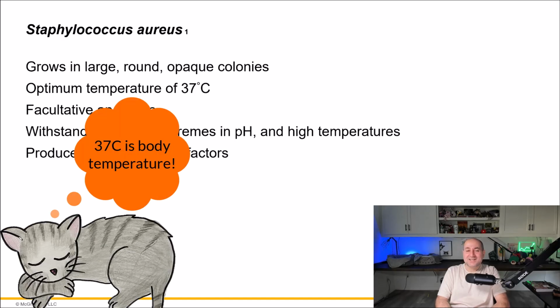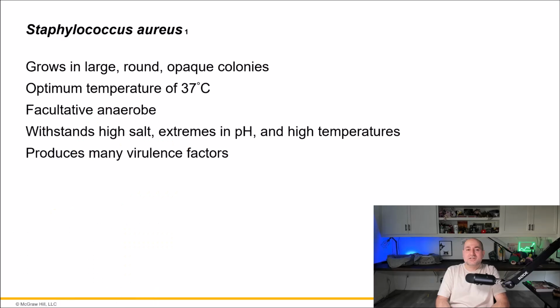That's right, 37 degrees C is your body temperature. And so that's why one of the incubators in the lab is set to 37 degrees C. It mimics body temperature. Because Staphylococcus aureus grows on the skin, your body's temperature is probably going to be the optimum temperature for it to grow.